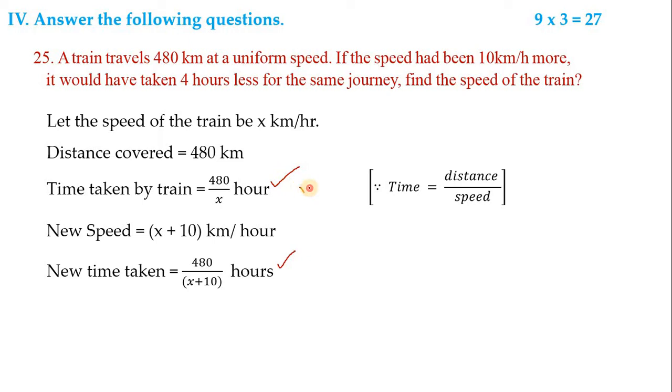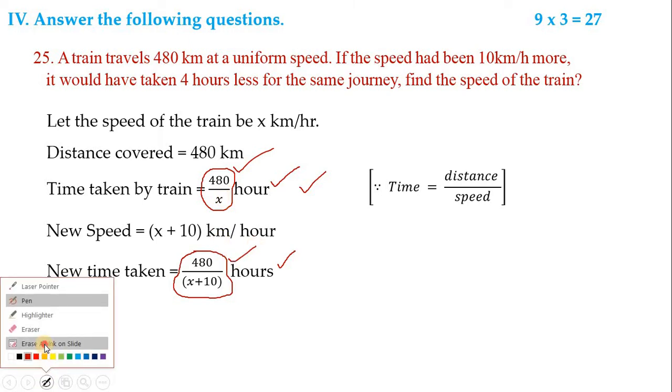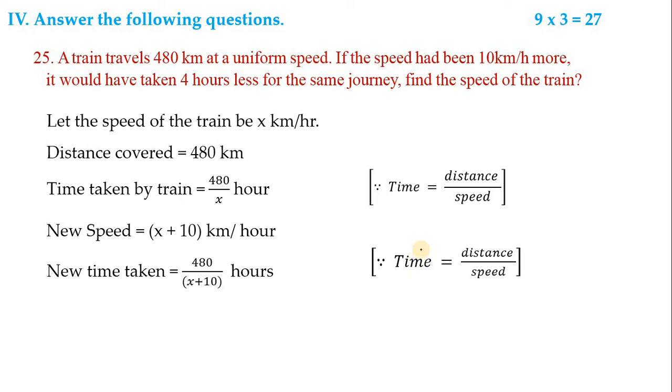Hence it takes more time here, and it takes less time here. Hence from 480 by x, subtract this one. So we use the same formula according to the equation: 480 by x minus 480 by x plus 10 equals 4.